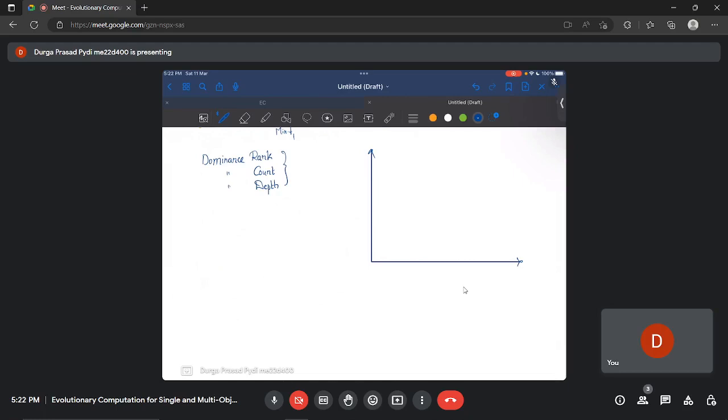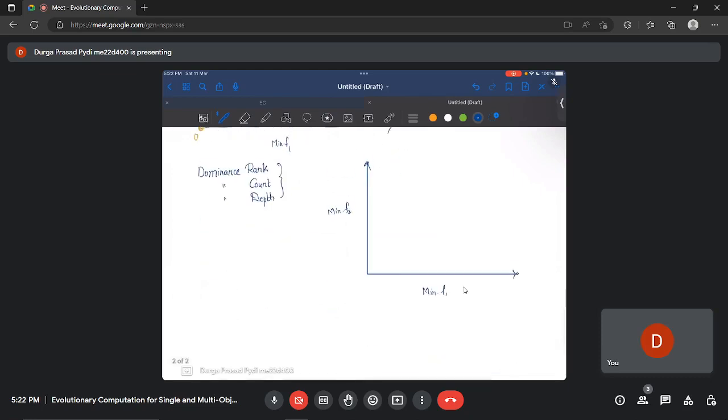Please clear one doubt. You have taken on the x-axis minimum F1 and on the y-axis minimum of F2, and then for rank you have taken the rectangle horizontal and vertical down.